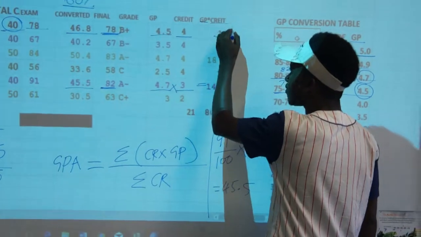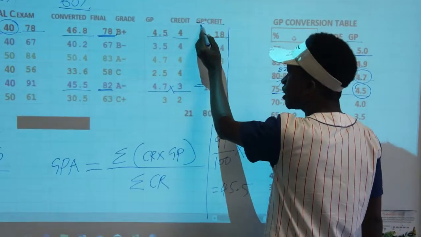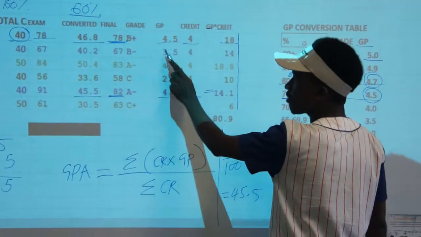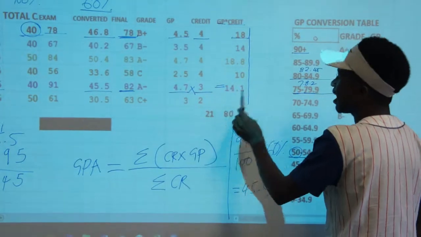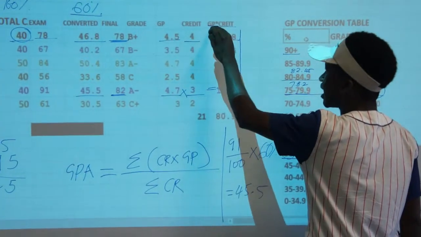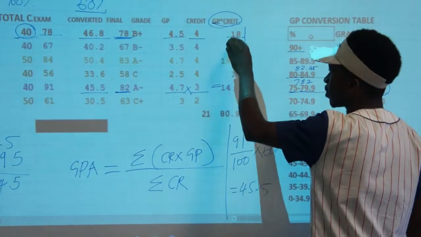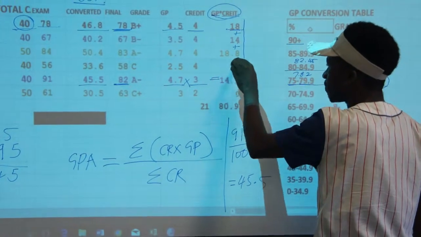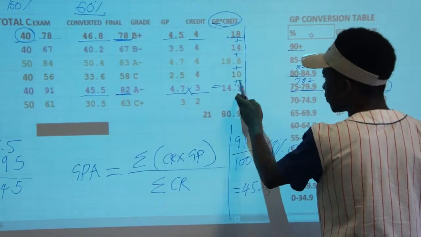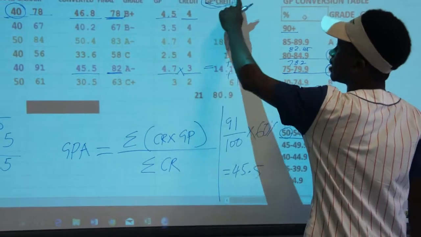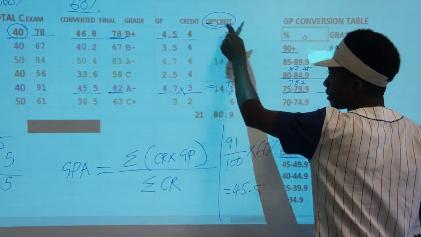That means you're going to have the list of grade points times credit for each module, math, physics, chem, until ALSS. So you're going to add this grade point times credit: 18 plus 14 plus 18.8 plus 10 plus 14.1 plus 6, which is the summation of this GP times credit.